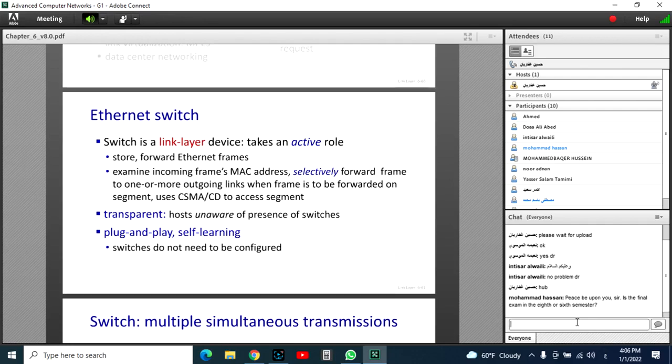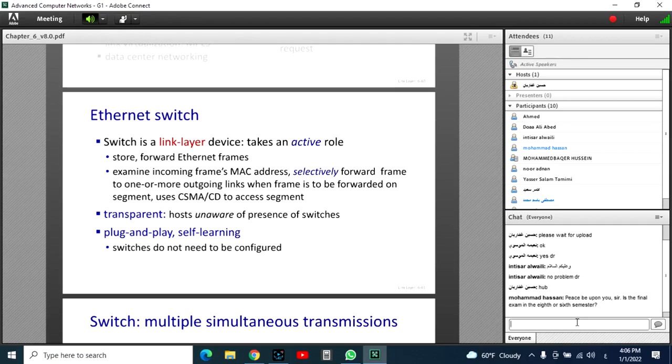A switch is transparent over the network because it's just like a bridge, connecting one host to another host.